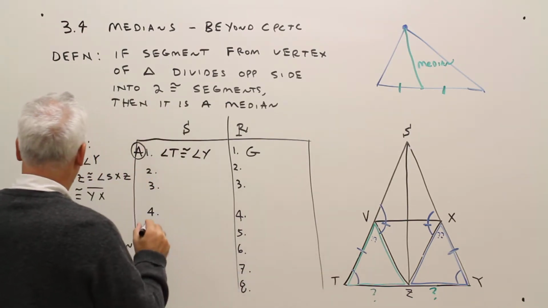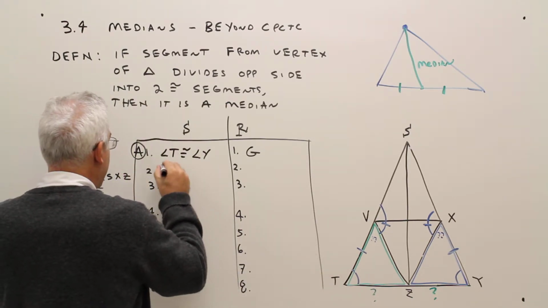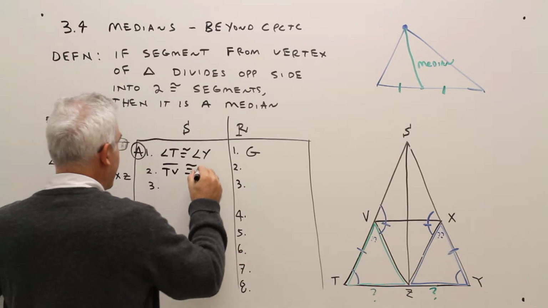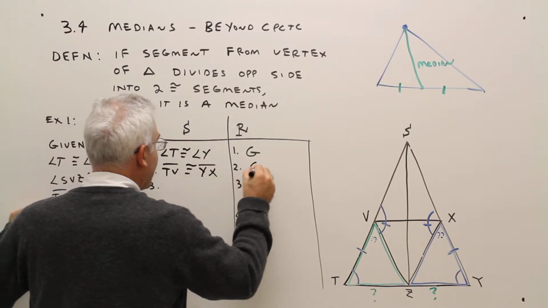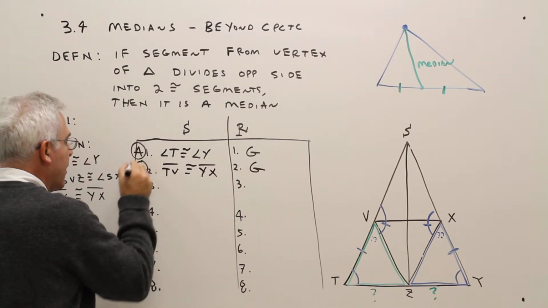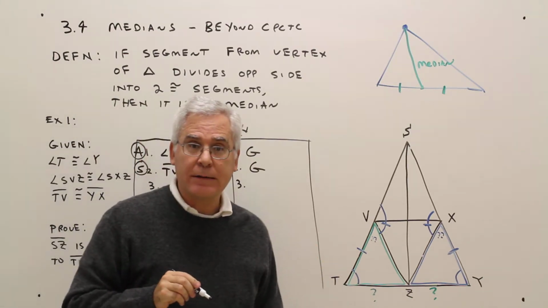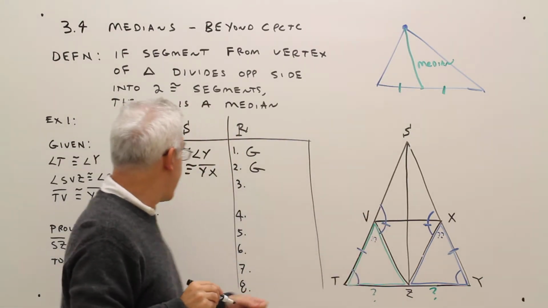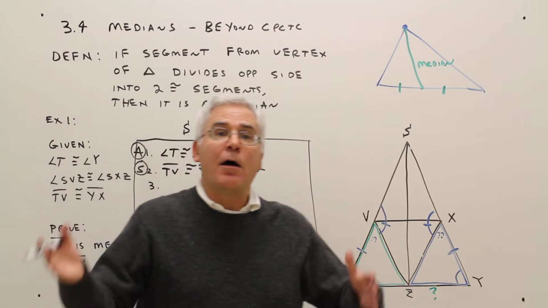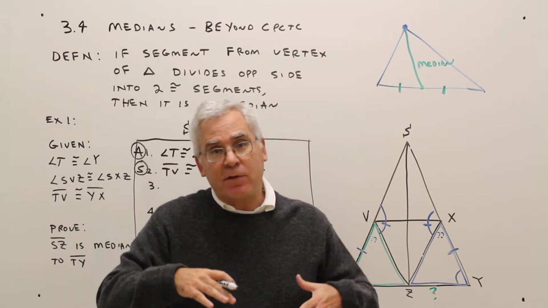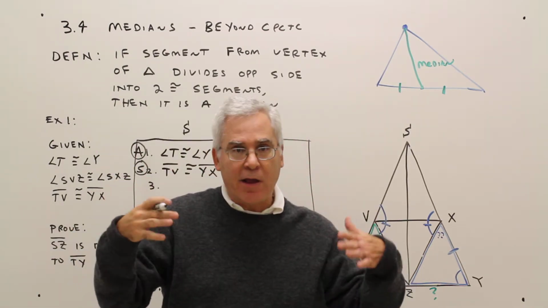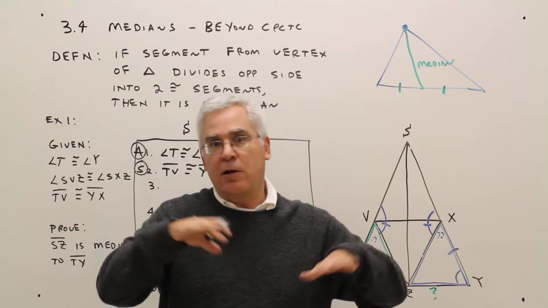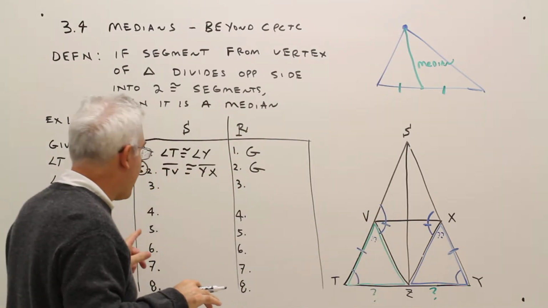Okay, then we've got side TV congruent to side YX. That was given. I'll give myself some side credit. Now we're going to do that work. And remember, from now on, we don't have to say, assume from diagram we got the straight angle. We're going to be beyond that. So I'll show you right now.